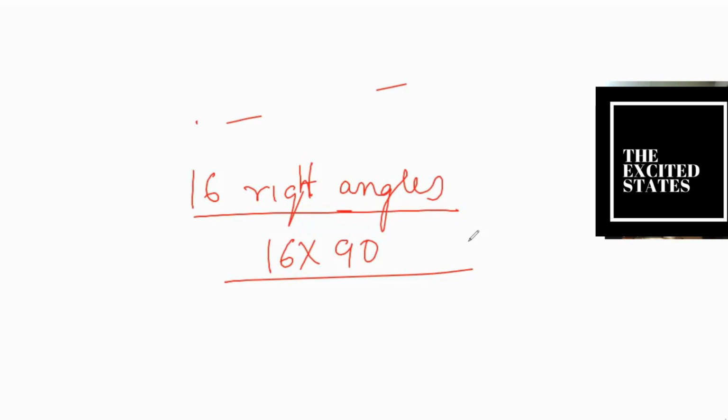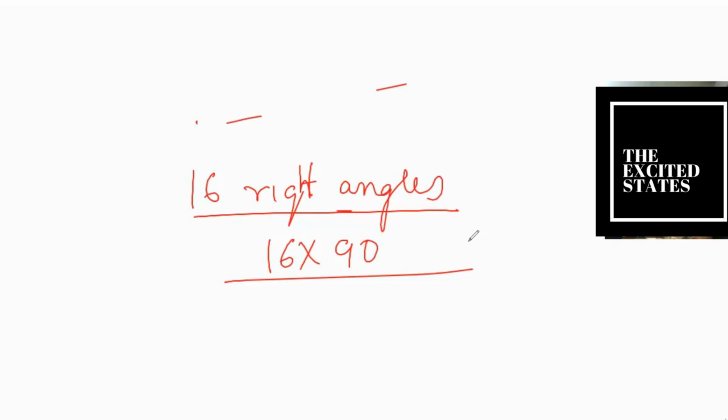So 16 right angles means 16 into 90 you have to do.